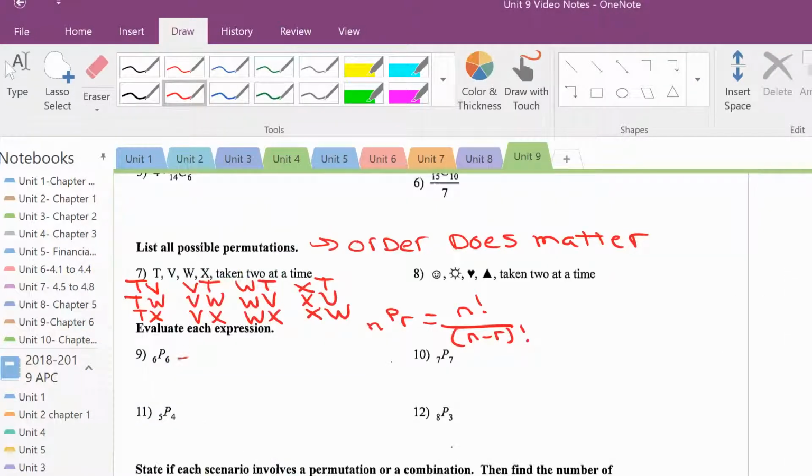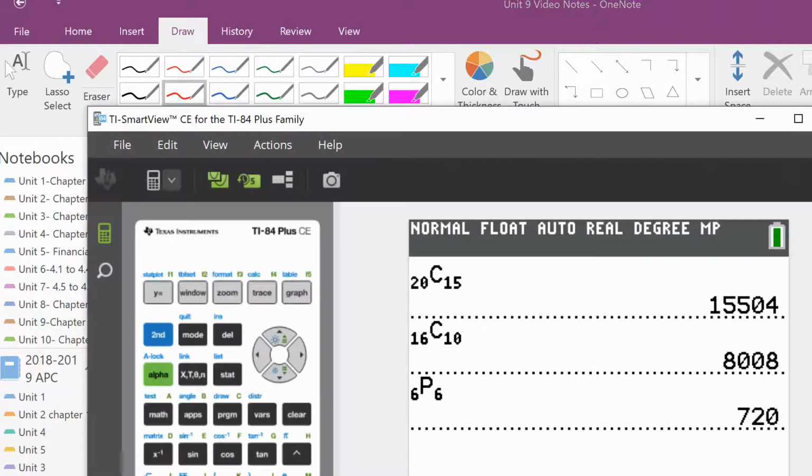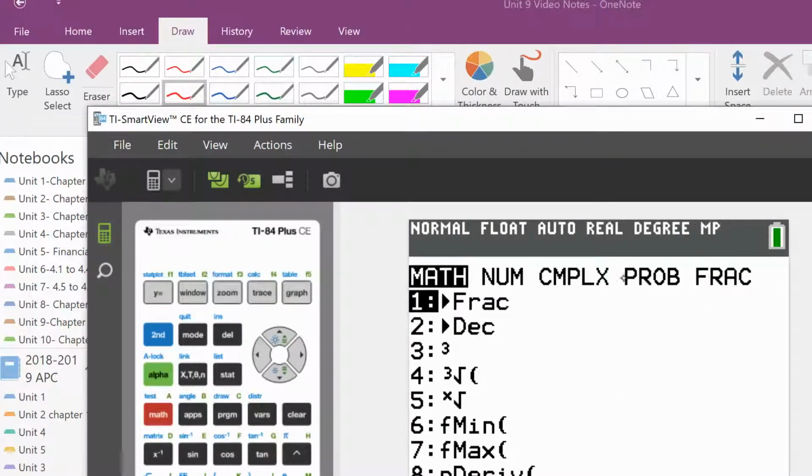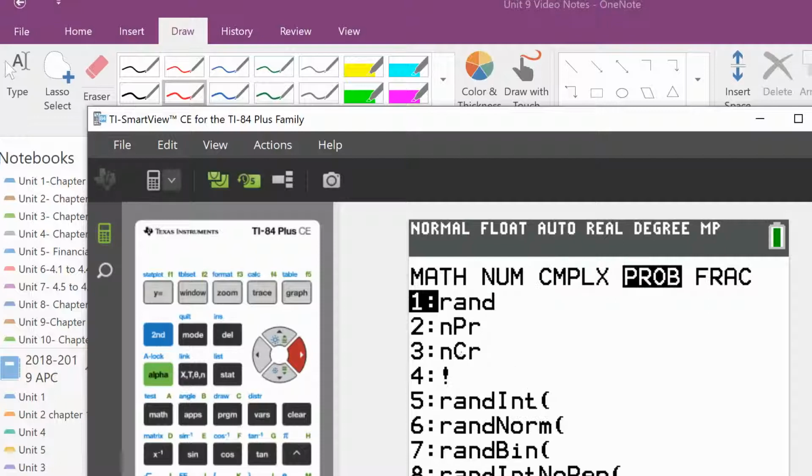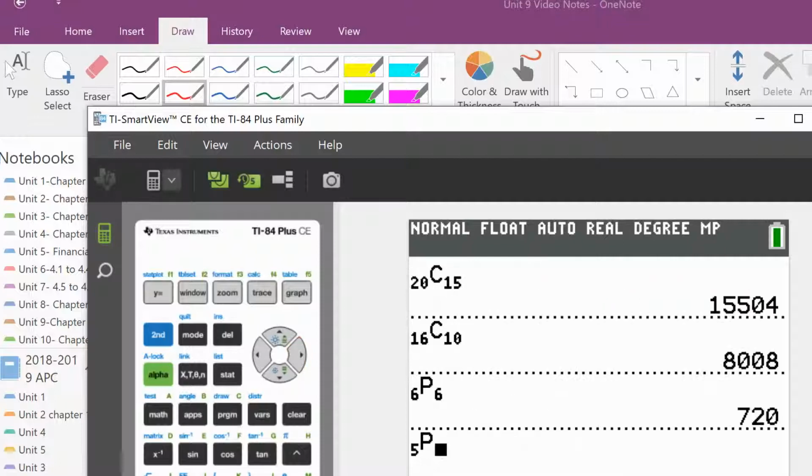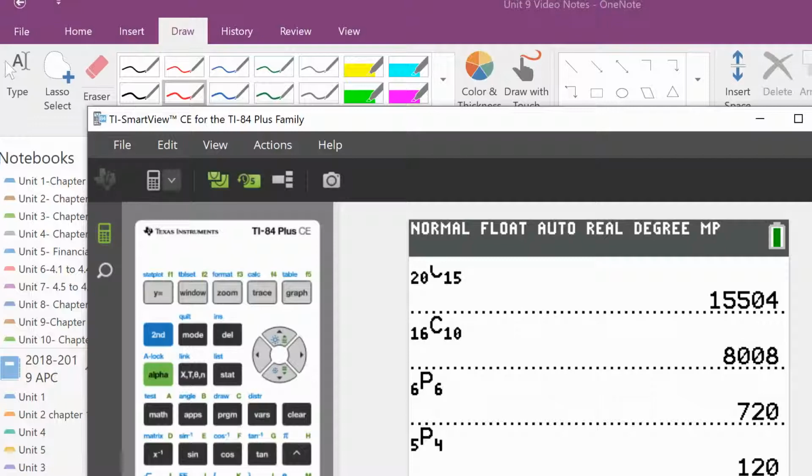So there's going to be less combinations than there are permutations. So if I did 5 permutation 4, notice 5, math, and then over to probability, and then number 2 is permutation, and then 4, I get 120.